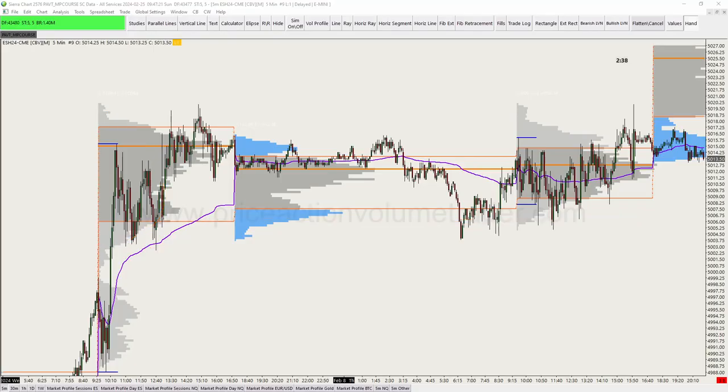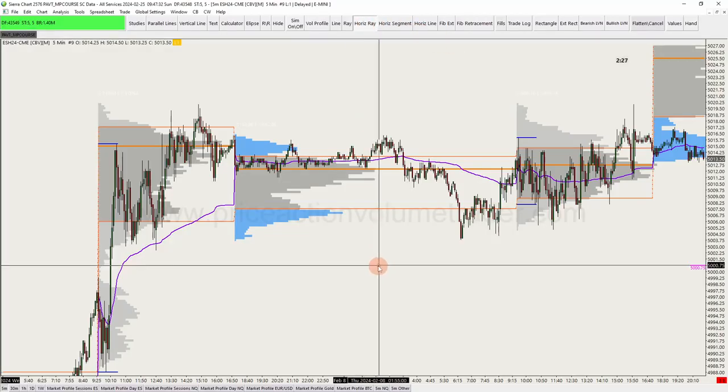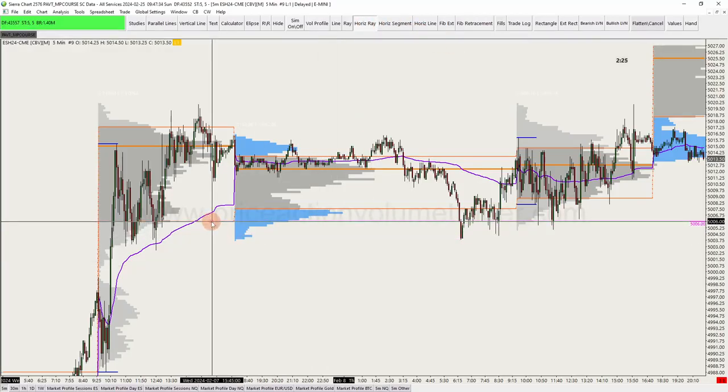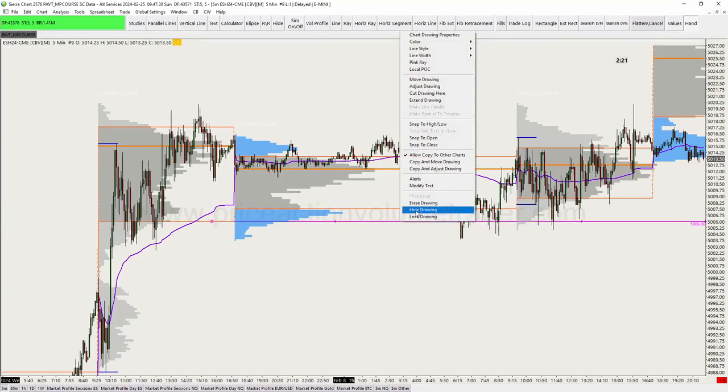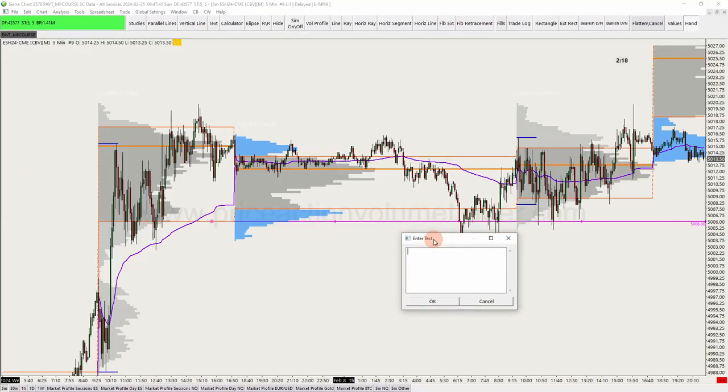So it's very important to keep track of these levels. You could even choose to just mark them off with a line. You can take, for example, a horizontal ray or a horizontal line and mark it off. Then you can add text to your drawings. Most platforms are going to allow you to do this. So you can put something like "yesterday value area low," and now you're going to have all the labels.